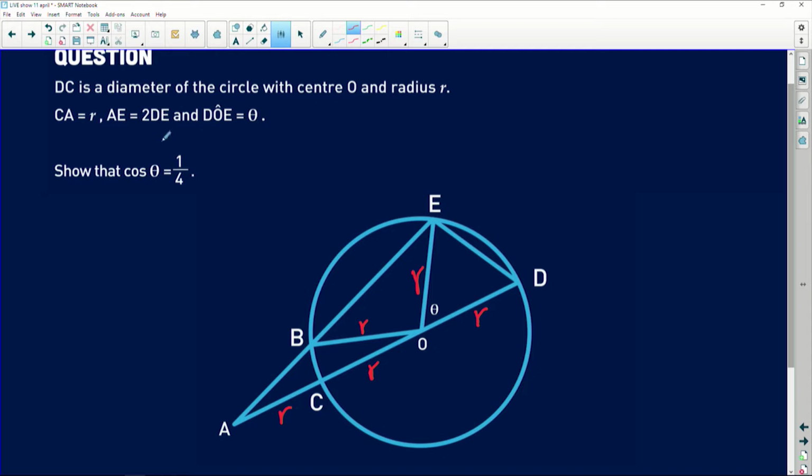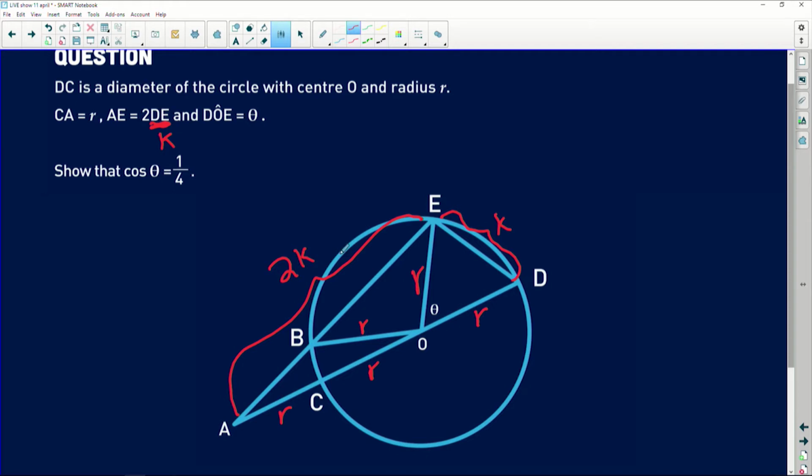What I would normally do is change this DE and call it in terms of another variable, K, because that is going to make it very easy for you to work with the diagram, instead of working with some side being equal to maybe double the other side or something else. So I'm going to put this one here as K, and then the long side, which is the side AE, I'll put that one as double K.